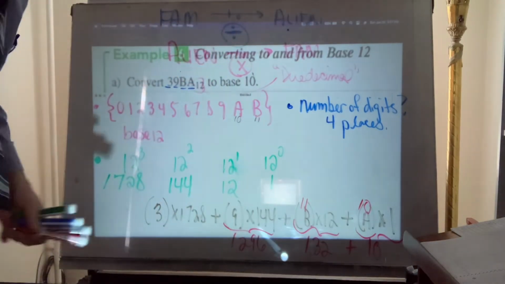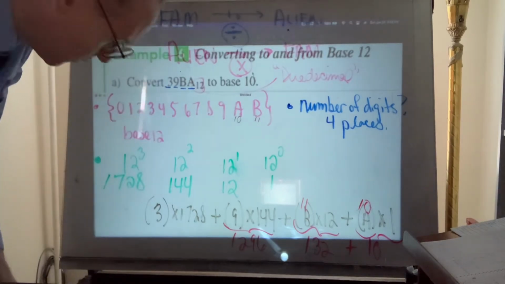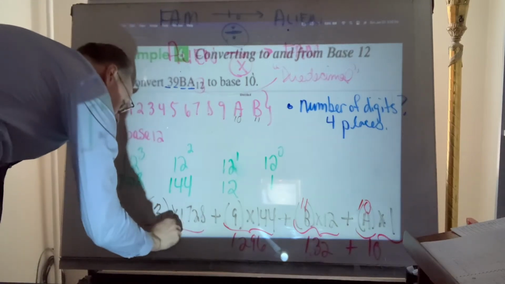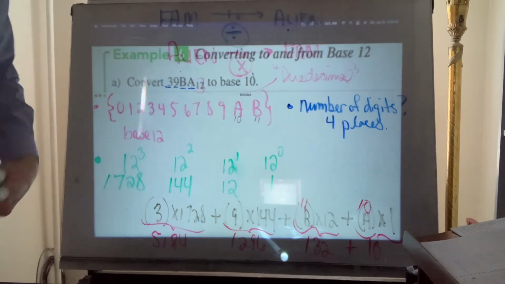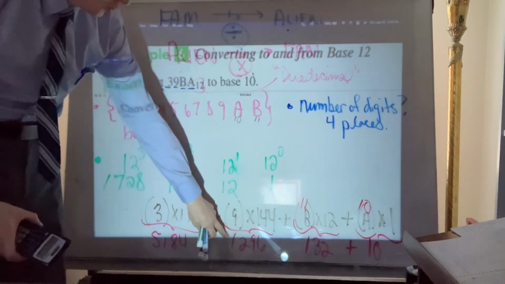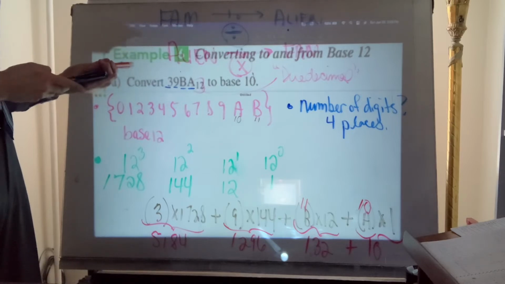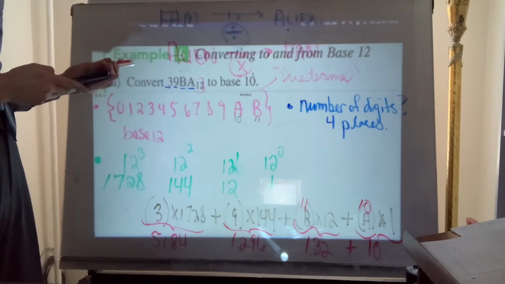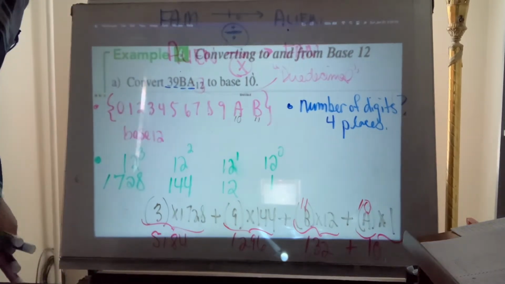And 3 times 1728 is 5184. 5184 plus 1296 plus 132 plus 10 is equal to 6622.